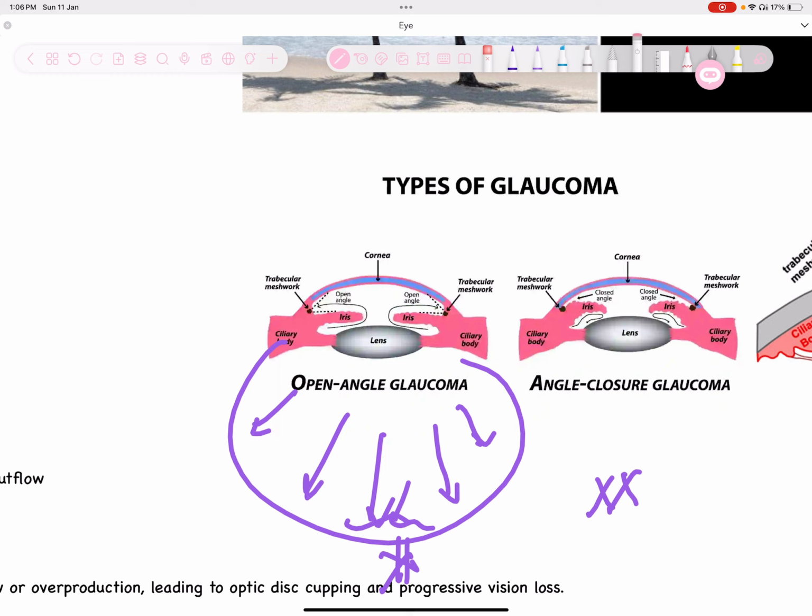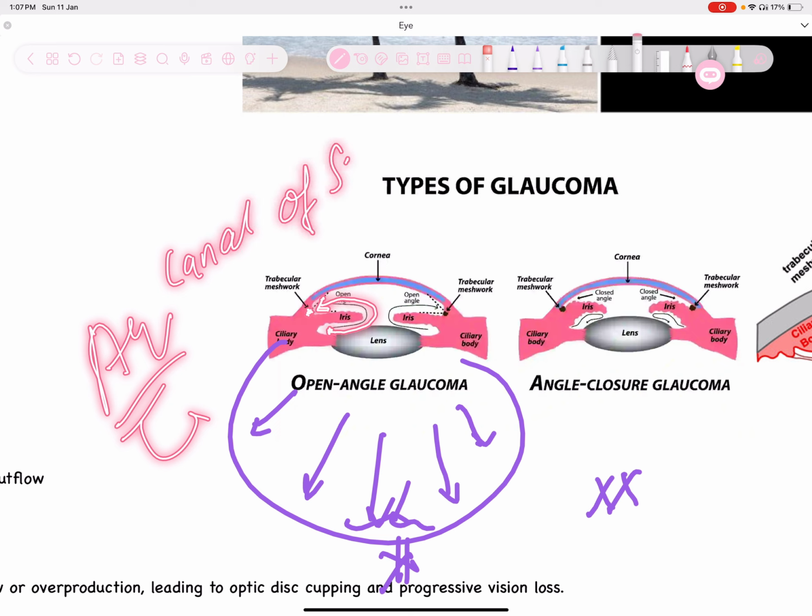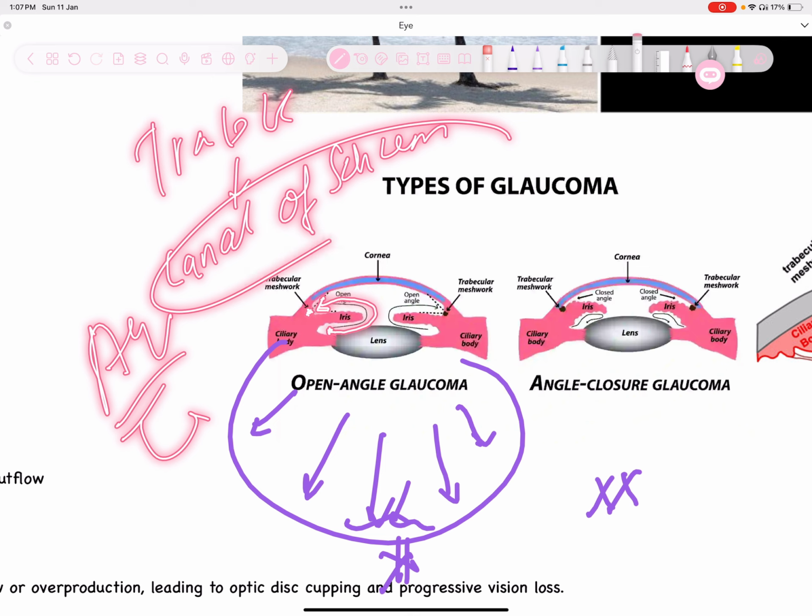So, where is the aqueous humor secreted after the production? It's secreted in the posterior chamber. From the posterior chamber, it has to flow and come into the anterior chamber. Here you have the trabecular meshwork, and then it will ultimately drain into the canal of Schlemm. So, from the trabecular meshwork, then the canal of Schlemm. The canal of Schlemm is basically what? It is a vein only.